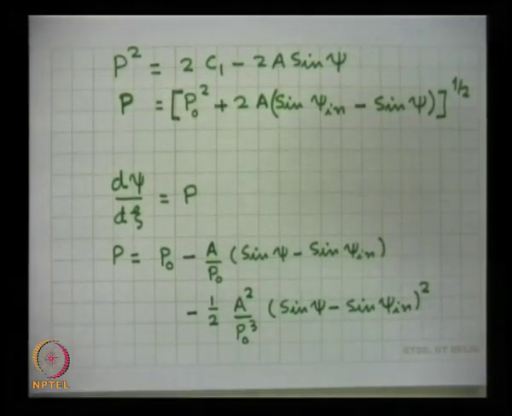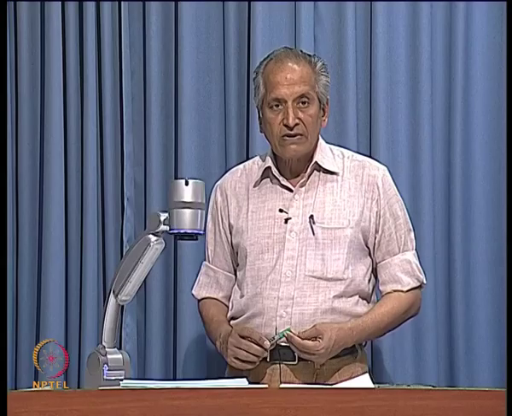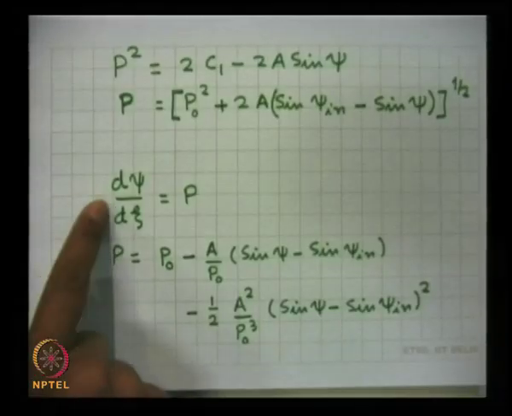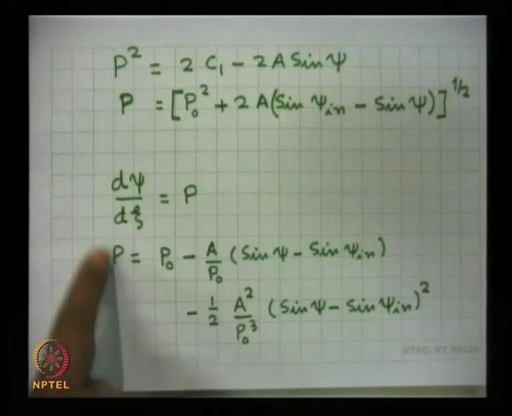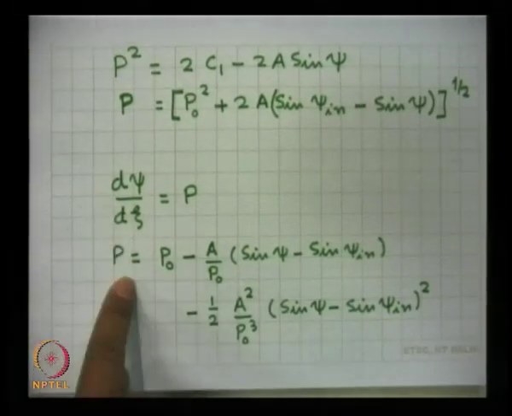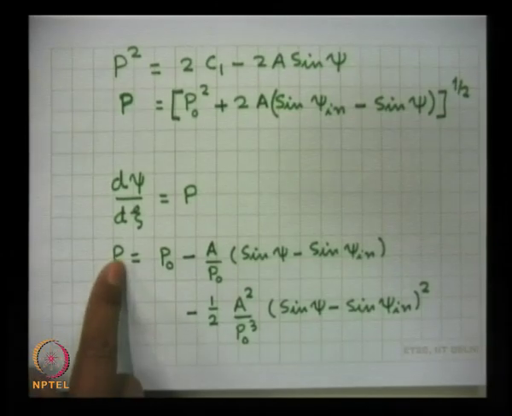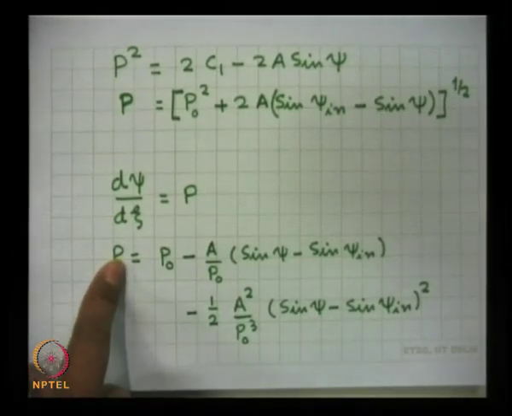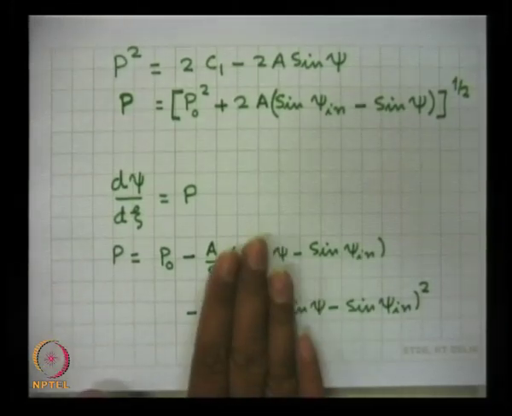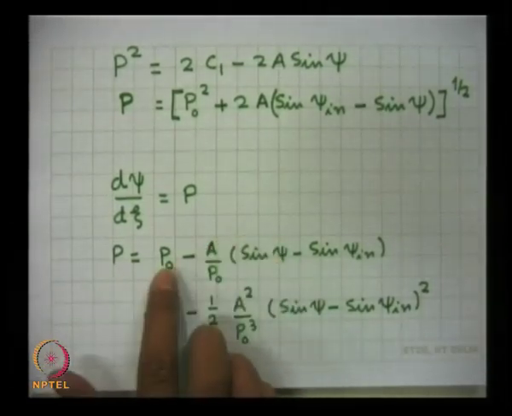We will probably have to wait till the next lecture. I will solve this set of two equations, one a differential equation, another an algebraic or trigonometric expression, iteratively. First, I will consider the 0th order, as if there was no laser. If A is 0, then P equals P0, and I will find out psi.